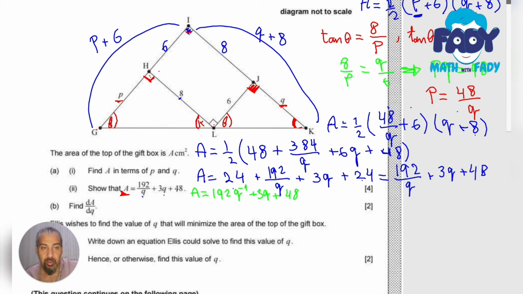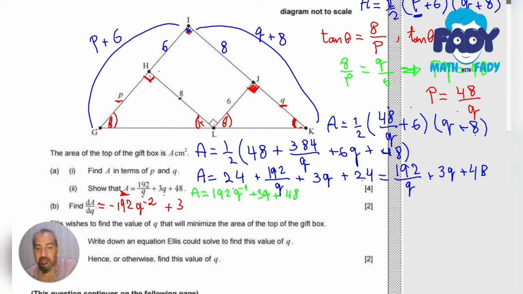So now dA over dQ is negative 1 times 192, it's negative 192 times Q. This exponent minus 1 will be minus 2. Then for 3Q, the derivative will be just 3.